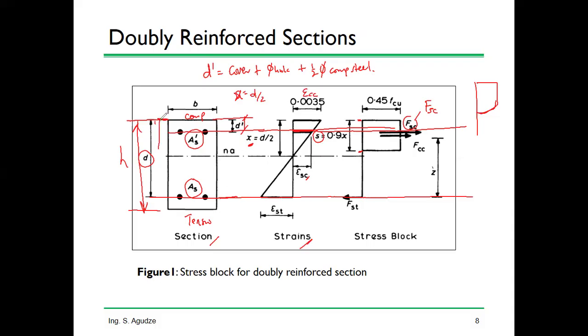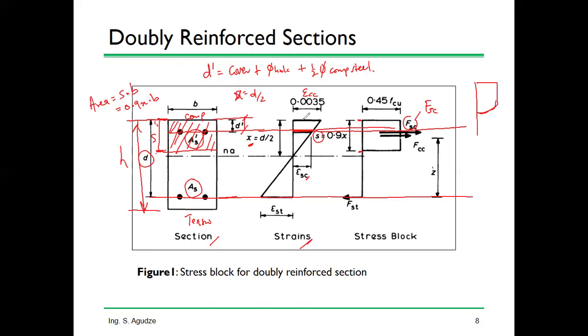If I have this S here, which is the depth to the neutral axis, to be somewhere here, all the concrete above this line is considered as the concrete in compression. Is that okay? So if this one is S and the width here is B, then the area is equal to what? The S times what? B, isn't it? We know the S is what? 0.9x. So it's the same as 0.9x times B. Right.